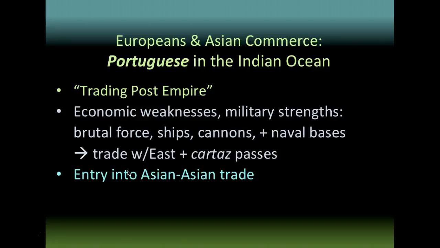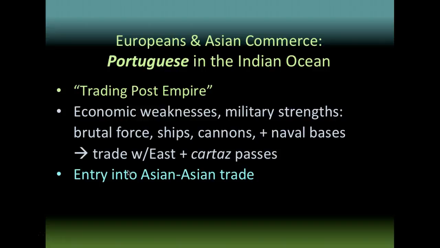Eventually they realize that they can't sell anything of their own European creation, so they enter into what is called Asian trade. They buy goods from one part of Asia and they sell it to other parts of Asia. They were trying to buy stuff and send it back to Europe, but then they realized that the Asian trade was more lucrative.